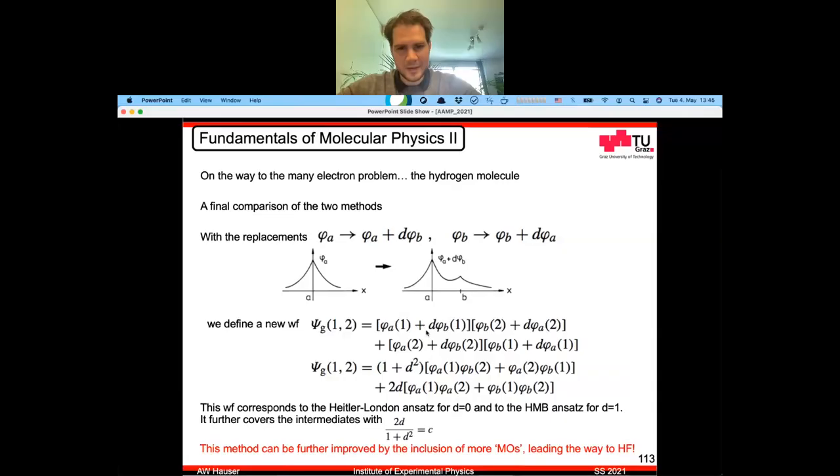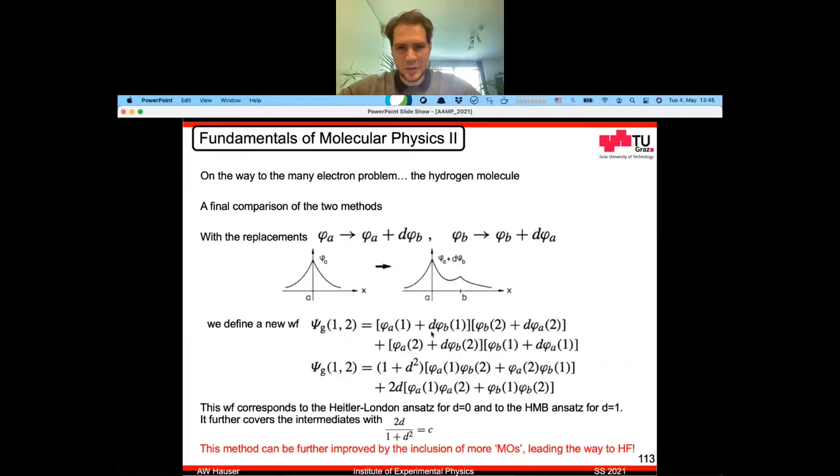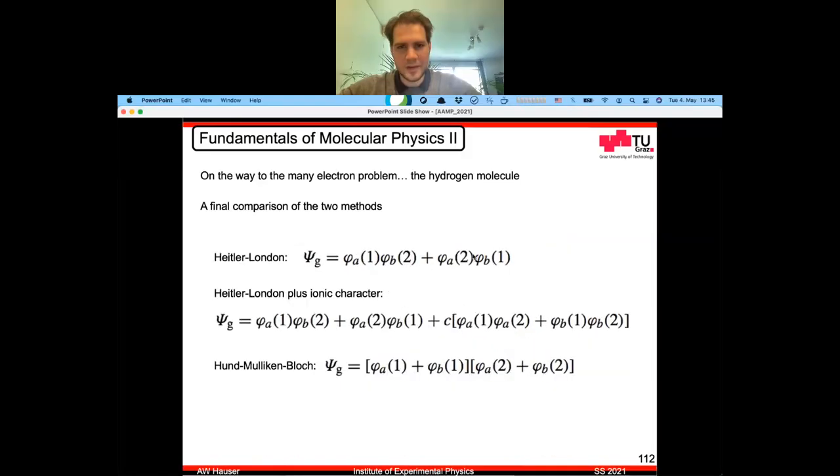We say it is as we had before. So look at Heitler-London as it's written here. First electron A, second B, or second A, first B. And now instead of using A and B, I'm using these mixed expressions, A and a little bit of B, and here B and a little bit of A. So this is shown here, A with a little bit of B, B with a little bit of A, and same for the second part for these two.